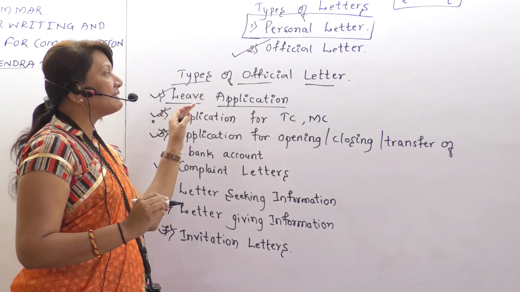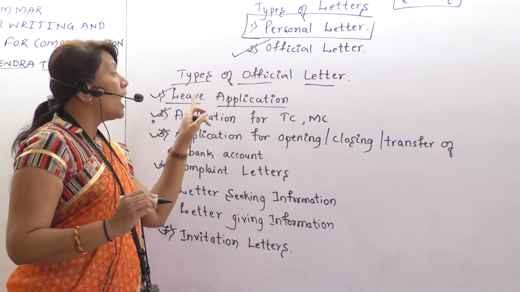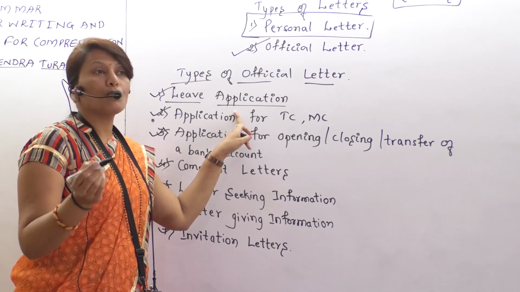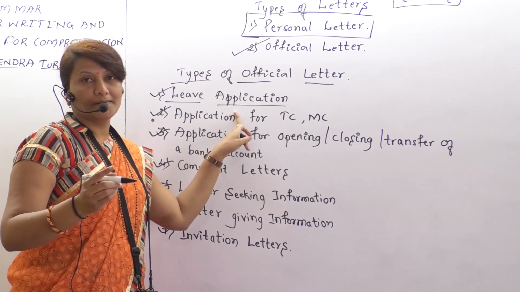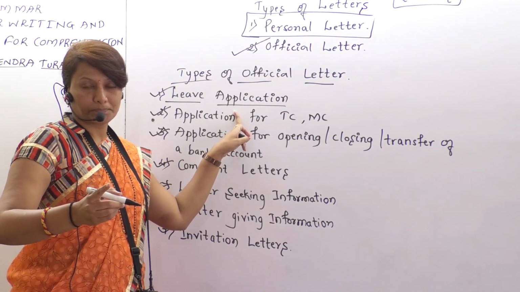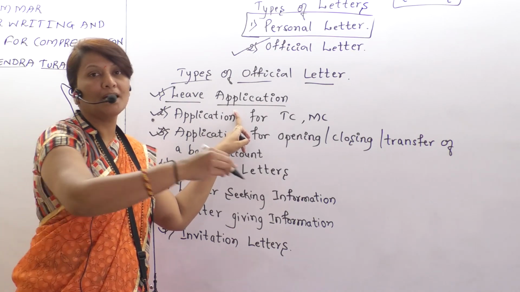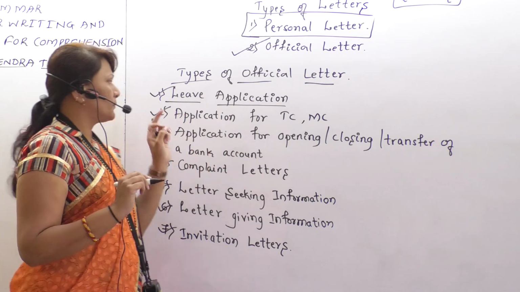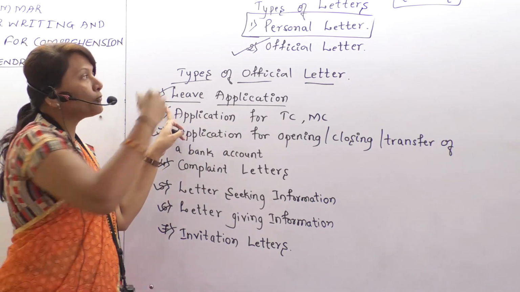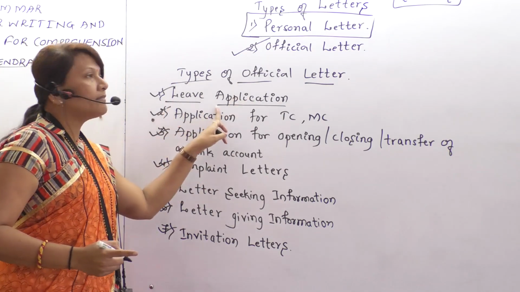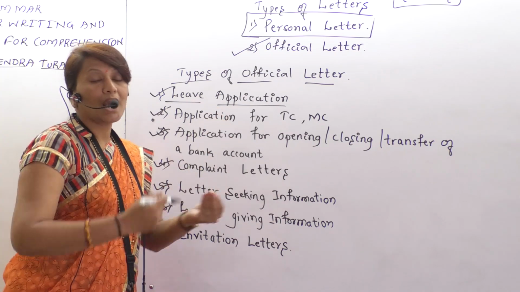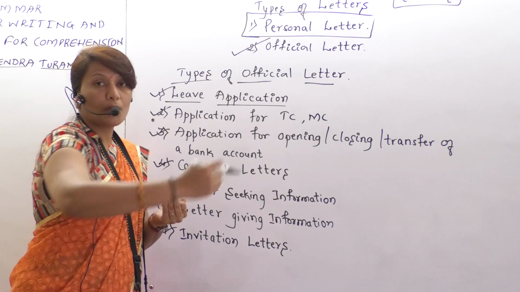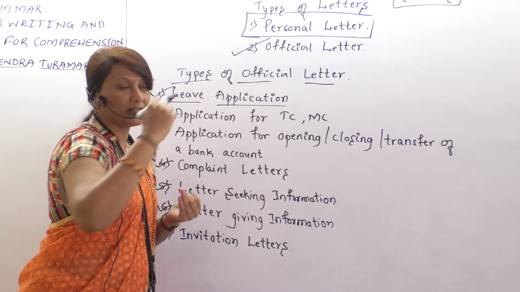The first official letter is leave application, which you all have written in your high school, seeking a leave from the principal or the headmaster. So, the first type of official letter is leave application, in which we ask for leave from our superiors.